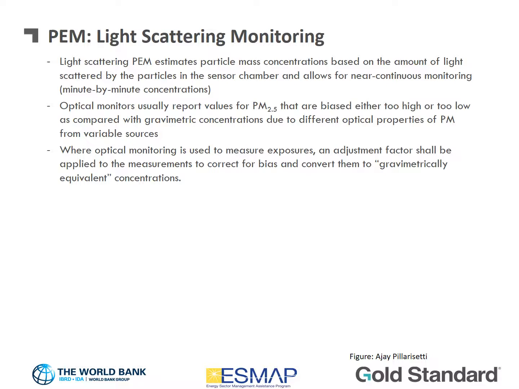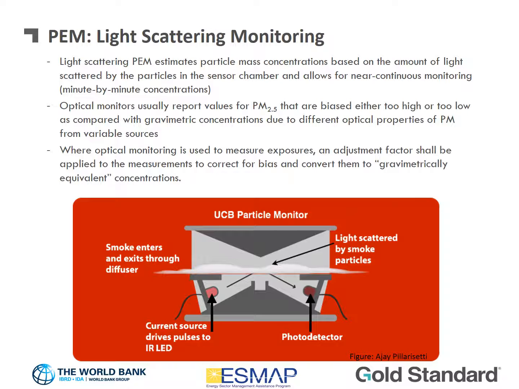Light scattering PEM estimates are based on the amount of light that's scattered by the smoke particles inside of a sensing chamber. And a sensing chamber example is shown here. The smoke enters and exits through a diffuser, and there's an LED that pulses light shot at that sensing chamber.